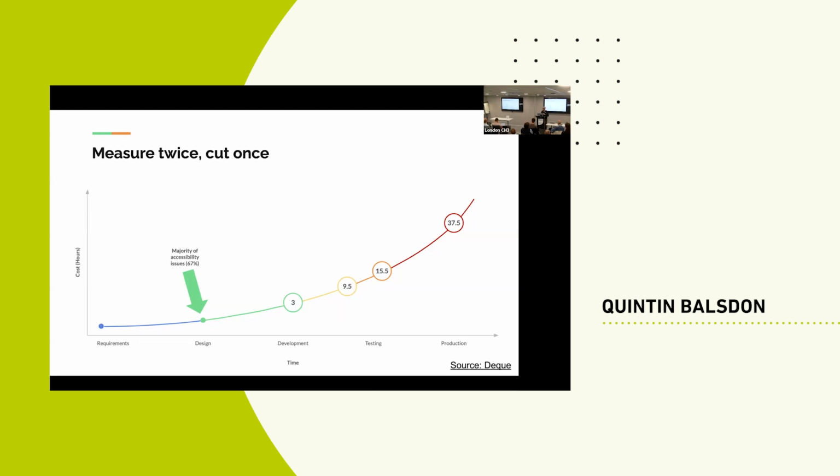So again, this is from the same case study. It's one example, but it follows logic that if we can fix our issues, or fix accessibility, before they come in, we've got something going, right? We're doing it right.